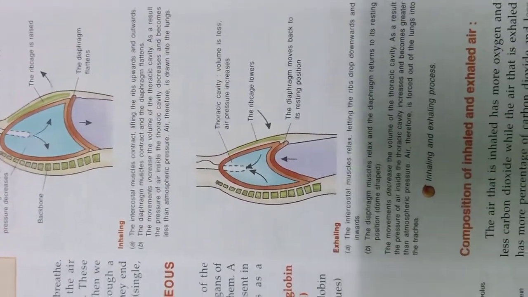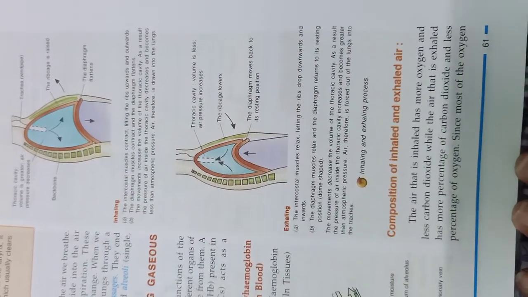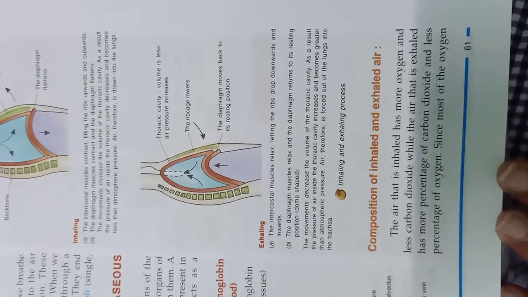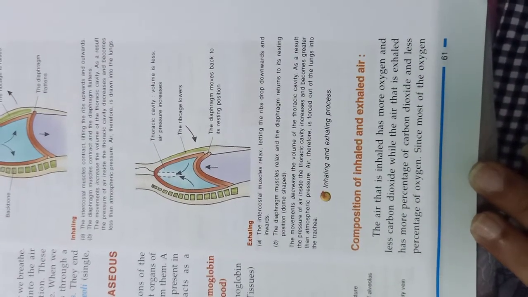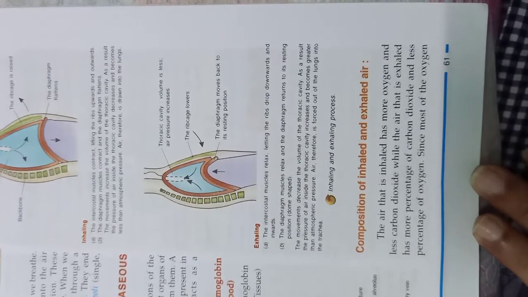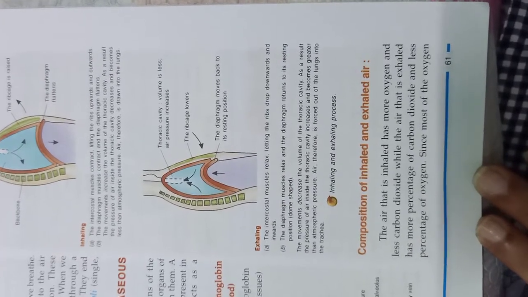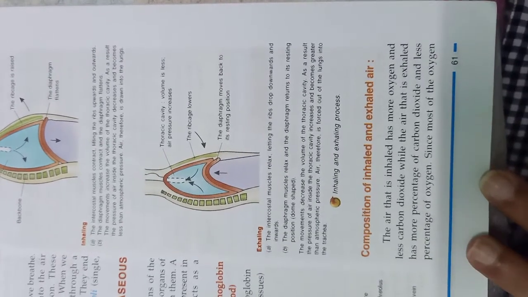Now the next topic is composition of inhaled and exhaled air. The air that is inhaled has more oxygen and less carbon dioxide, while the air that is exhaled has a higher percentage of carbon dioxide and a lower percentage of oxygen.